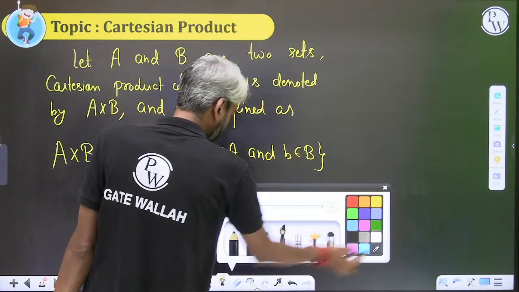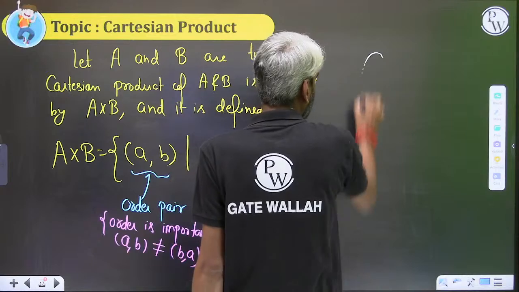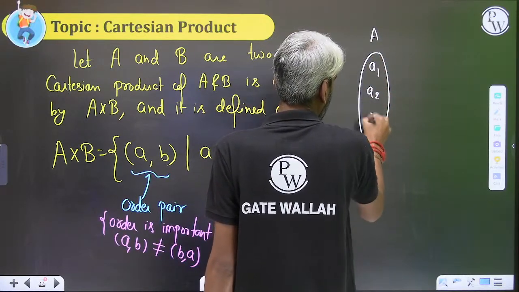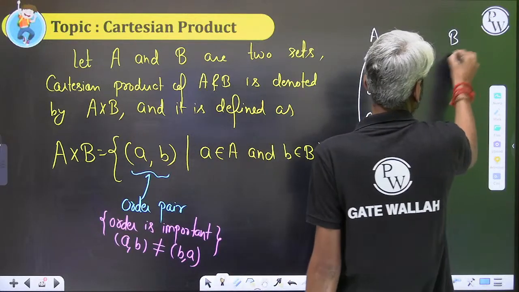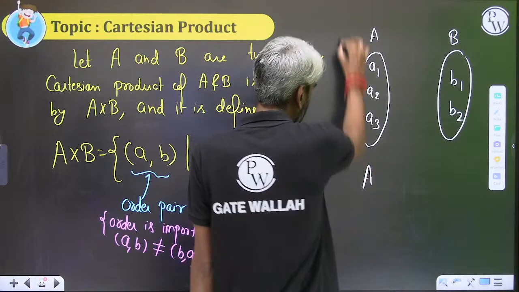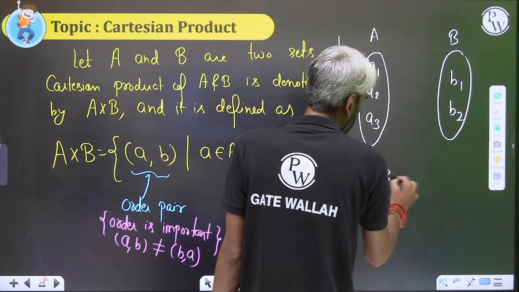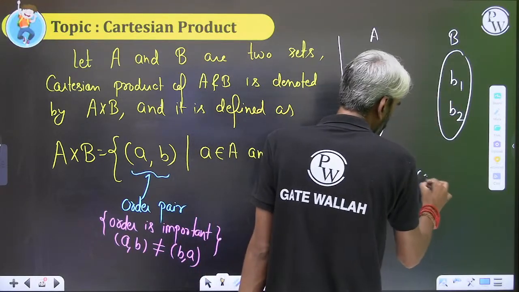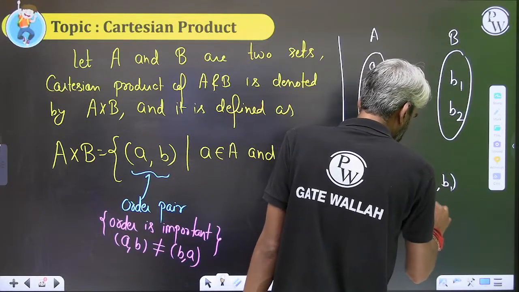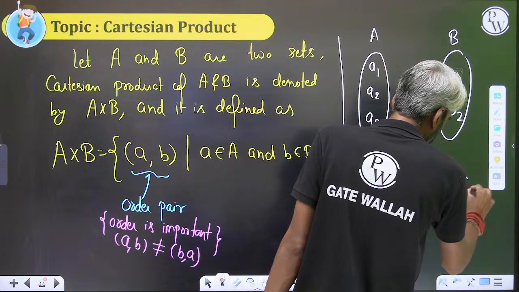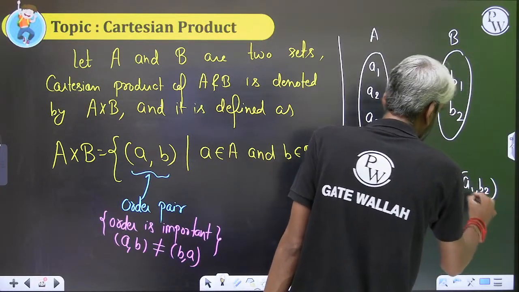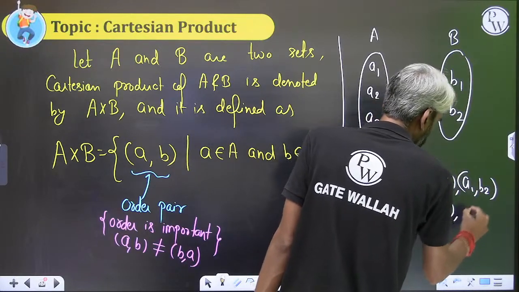Just 1 minute. Sir, if we have this set A with elements A1, A2, and set B, and let's assume there are two elements, B1 and B2, then what is A cross B?